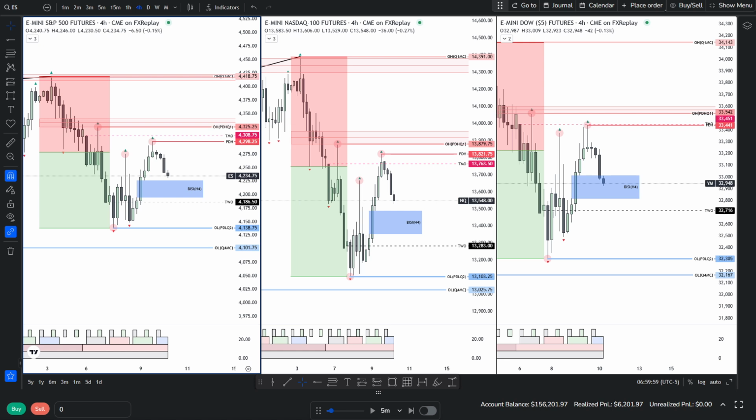This could set the stage for a low time frame cracking correlation for a near term move to the previous day's high.